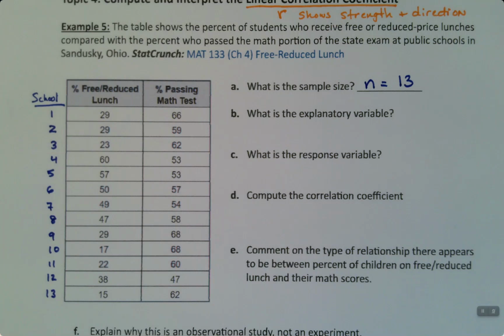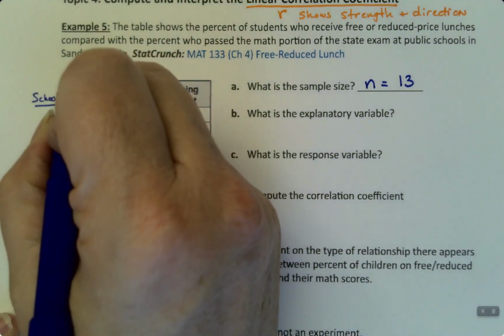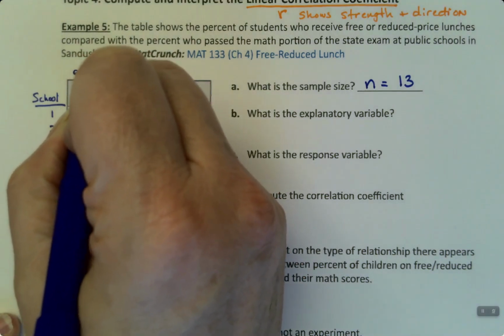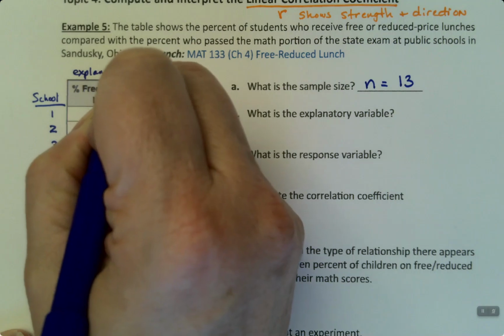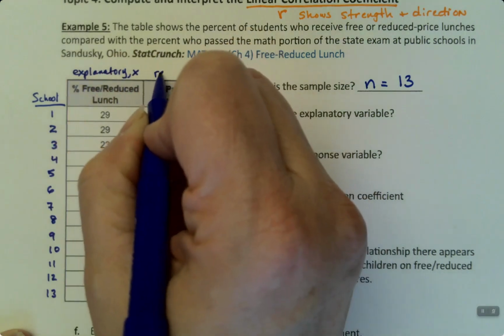All right, now the explanatory variable and the response variable. We've already run into this a little bit in section 1.2 as well as earlier in this section. So the explanatory is on the x-axis. It's the thing that we're saying is being manipulated. And the response is responding to that manipulation. So in general, the easy way to think of it is the explanatory will be your x, and the response will be your y.